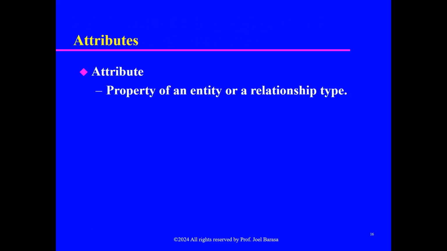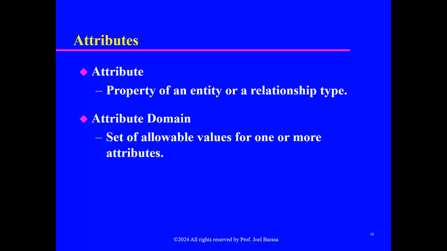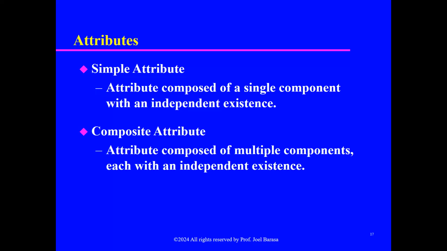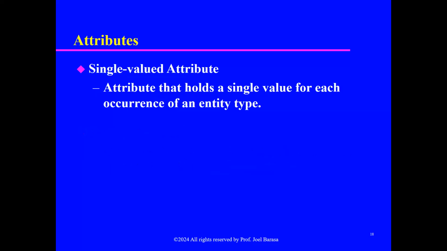What are attributes? They are properties of an entity or a relationship type. We have an attribute domain, which is a set of allowable values for one or more attributes. We have simple attributes, which are composed of a single component with an independent existence. We have composite attributes, which are composed of multiple components, each with an independent existence.